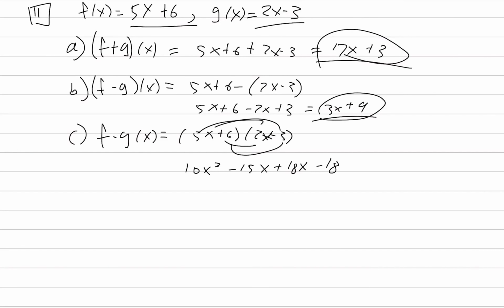Oops, sorry. That's not 18x, it's 12x. So then we collect like terms, simplify this part, we get 10x squared minus 3x minus 18. So this is more algebra review, right? Multiplying things. And the domain is any real number as well. This is a quadratic polynomial.